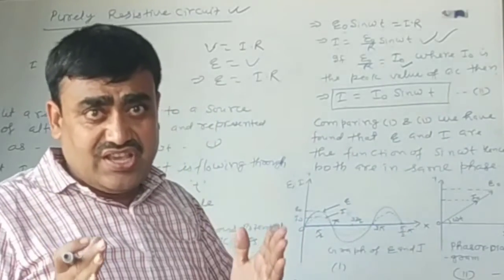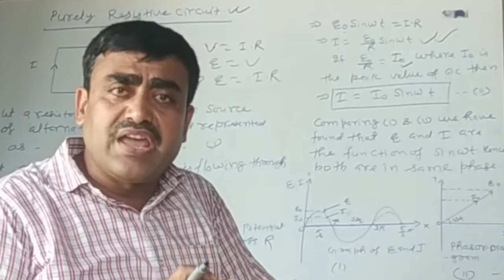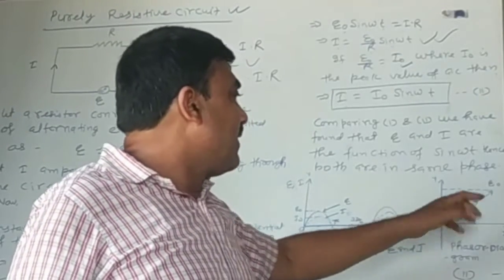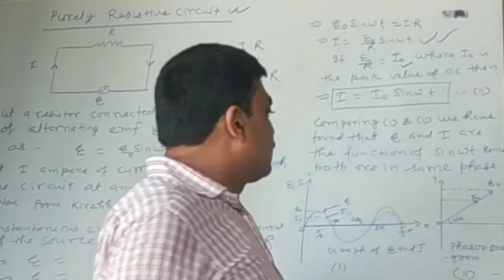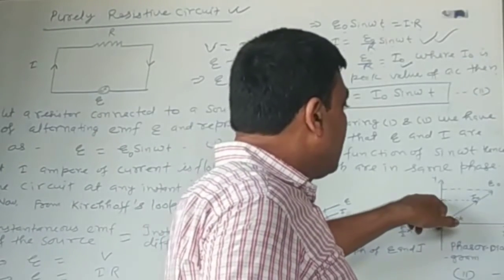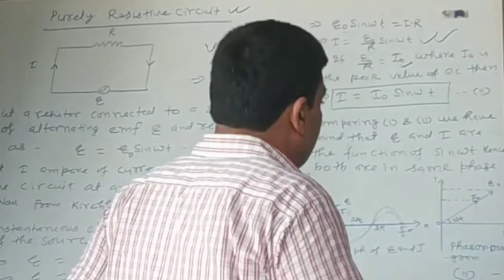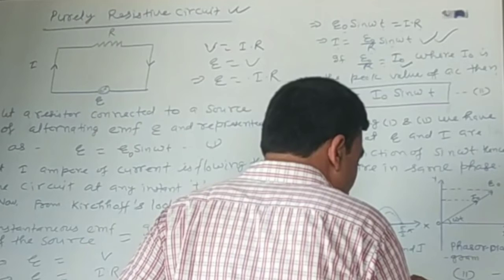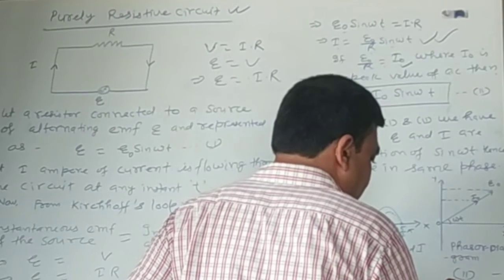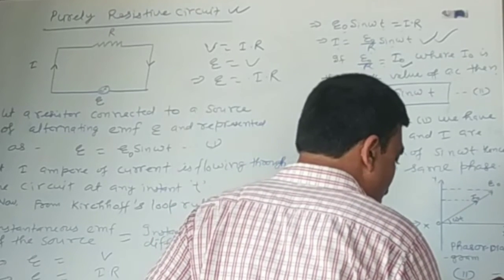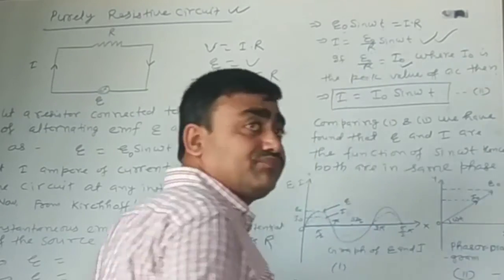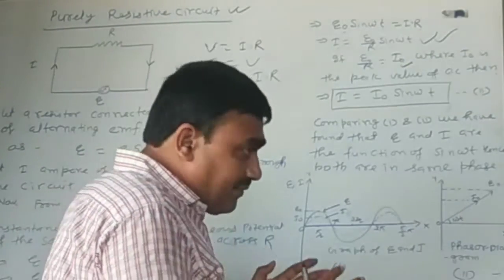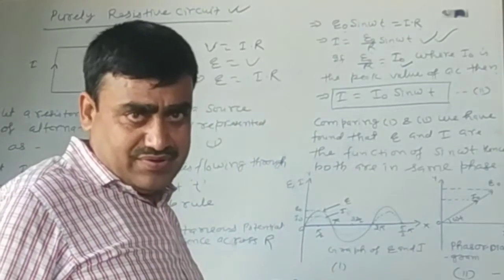That means they are in the same phase along with angle omega t, where I naught is the peak value of AC, while E naught is the peak value of EMF.